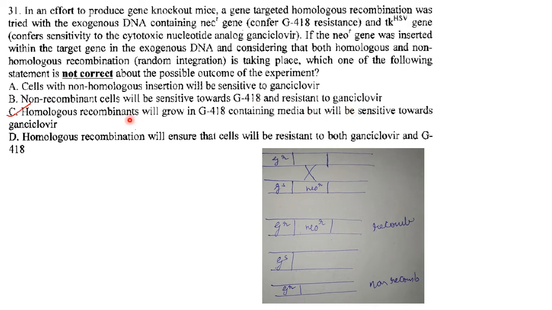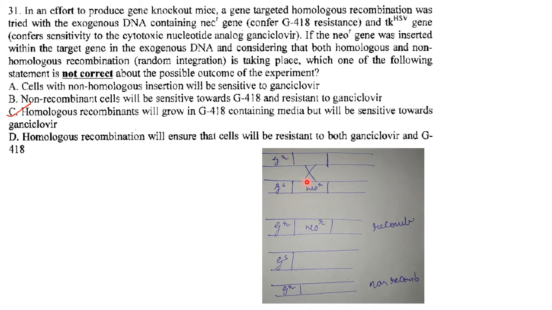If homologous recombination is not taking place, then the non-recombinant cells will be sensitive towards G418. It will be resistant to ganciclovir. That is your targeted DNA.